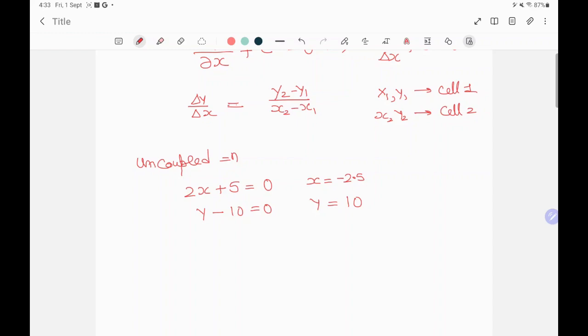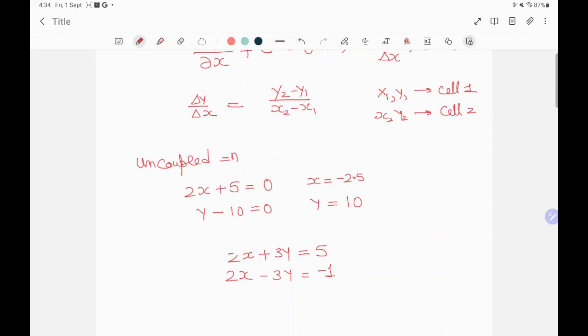But now take a case where you have 2x plus 3y is equal to 5 and 2x minus 3y is equal to minus 1. These equations cannot be solved independently. They have to be solved together. So this becomes a coupled equation.